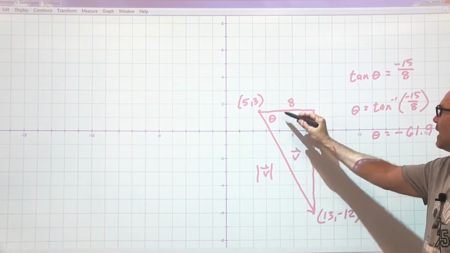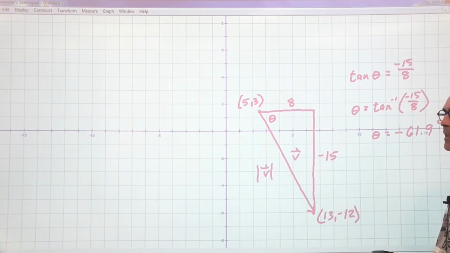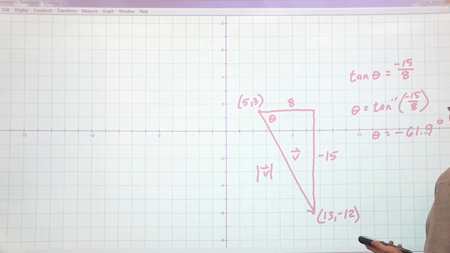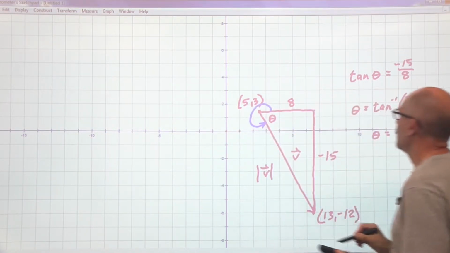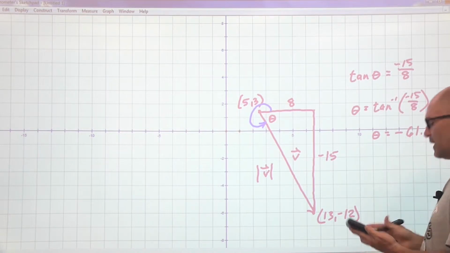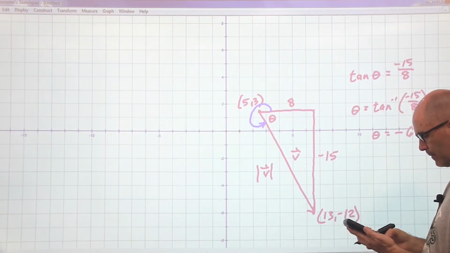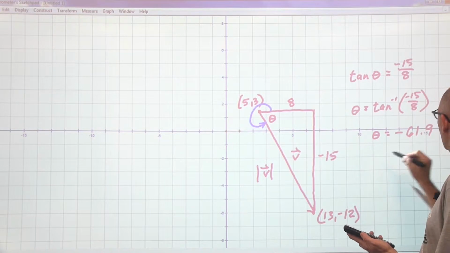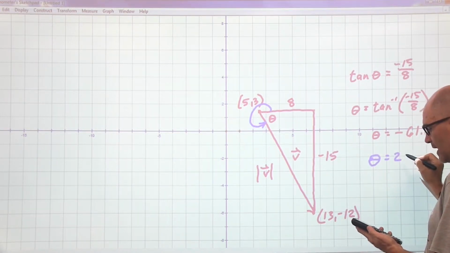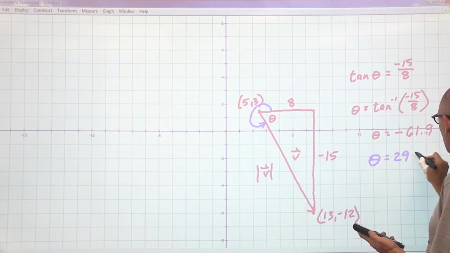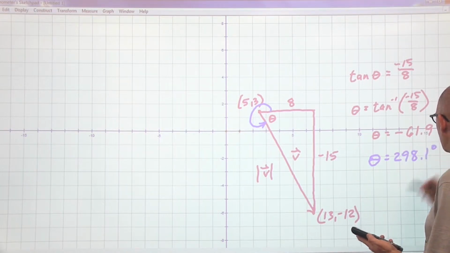Now that makes sense. That looks like it could be a 61.9 degree angle. But remember, we don't want that angle. We want the angle all the way around here. So what I do is I add 360 to that, and I end up with 298.1 degrees.